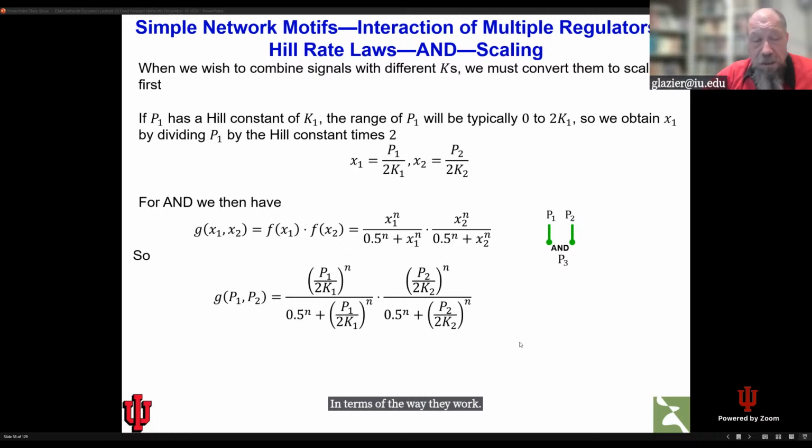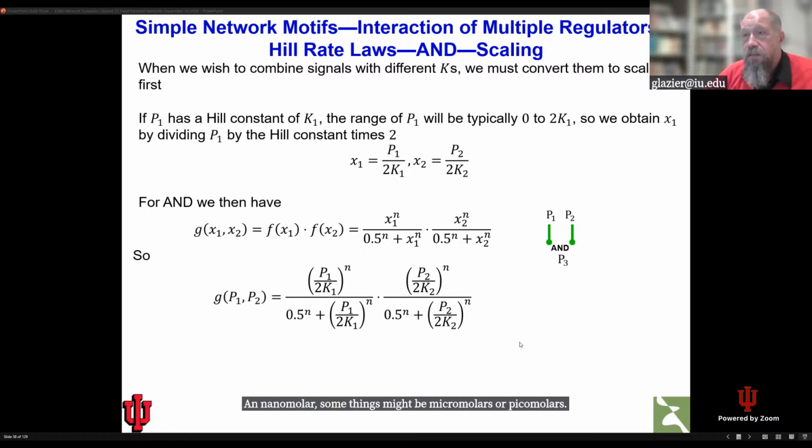Now, all of these things are compatible with each other if I assume that the capital K's are all the same. Biologically, it's often not the case that the K's are the same. Some things might have units of nanomolars, some things might be micromolars or picomolars.